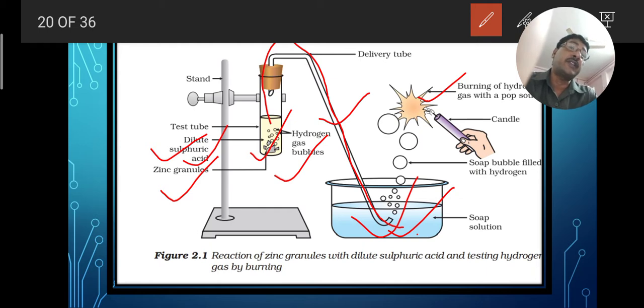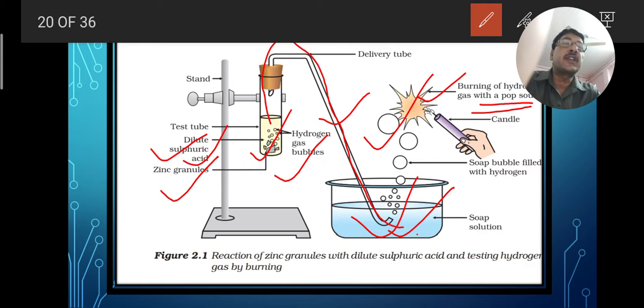And how to test this gas, whether it is hydrogen gas or not? When you bring the burning match stick or the burning candle near this soap solution, to the bubbles that are coming out, immediately you will find these bubbles bursting by giving out which sound? A pop sound will be given out by them.